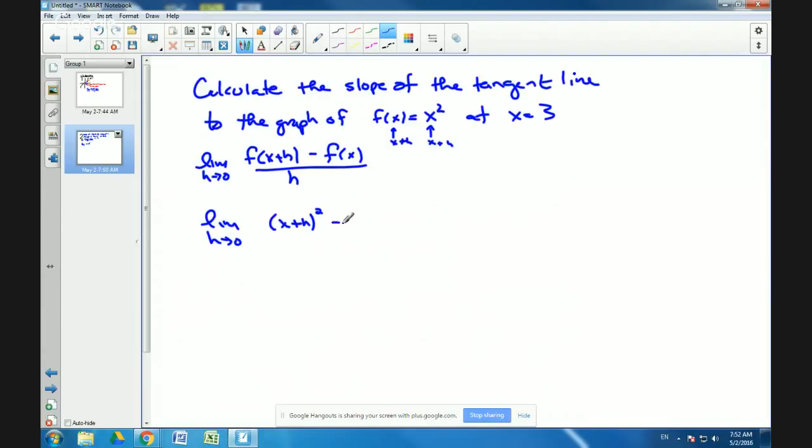Minus, what's f of x? x squared, and then over h. Okay. So what's our first thing for limits? Plug and shove, what do we get? I plug 0 in for h. The top gives me x squared minus x squared, and the bottom gives me bummer, right?